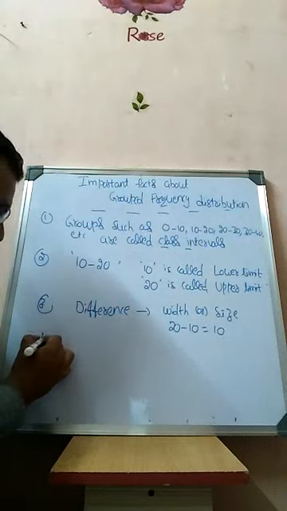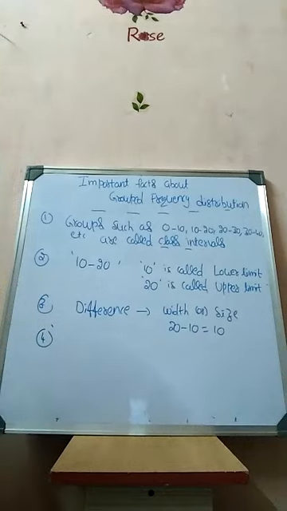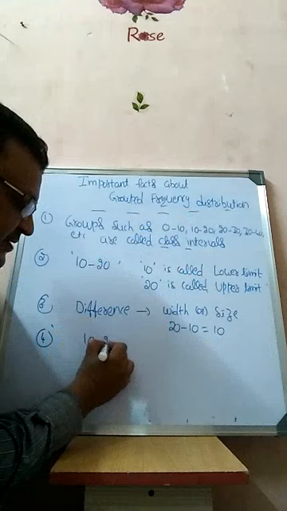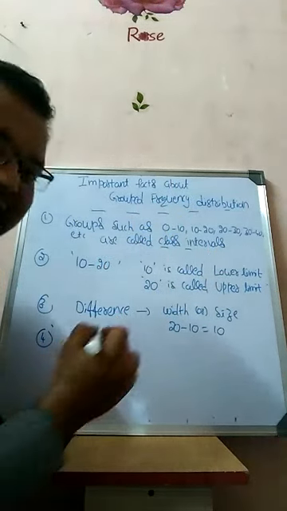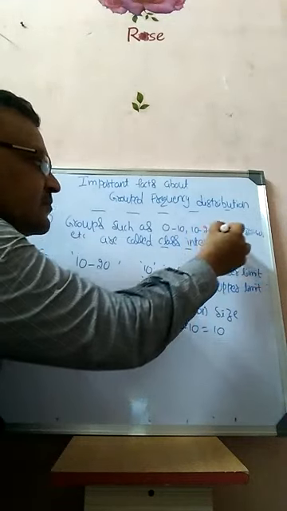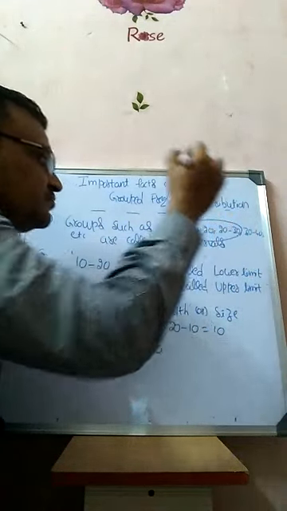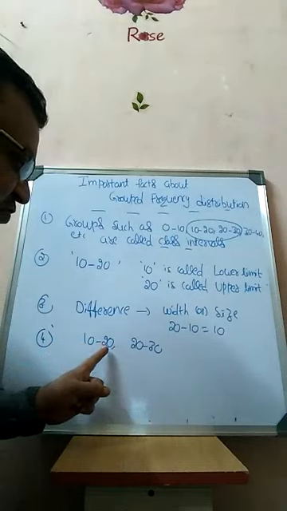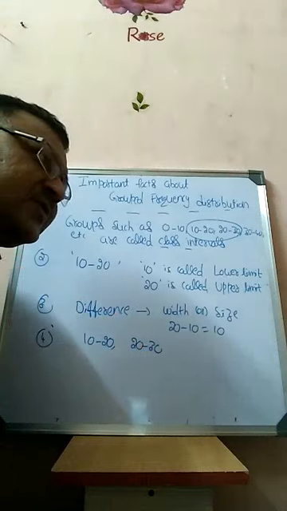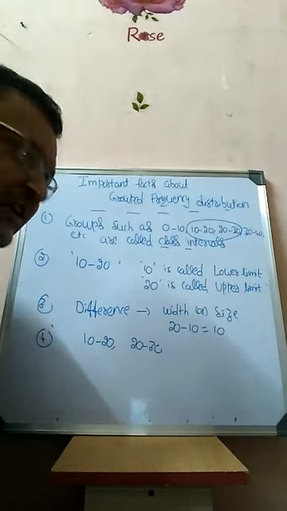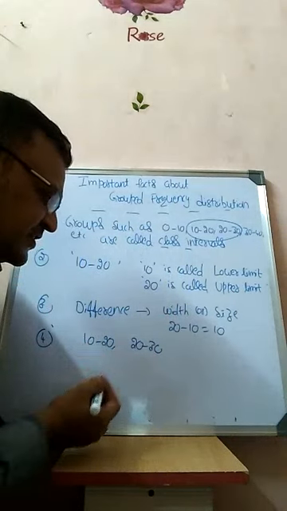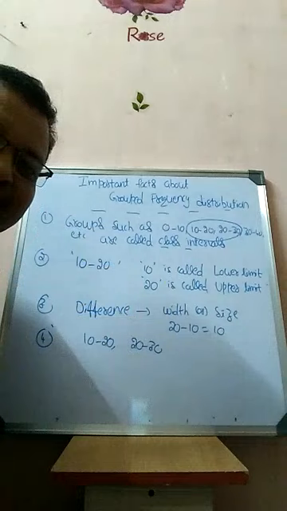And next, one more point. One class interval is 10 to 20 and another is 20 to 30. See here, in both groups 20 is there. If a student got 20 marks, which class will he belong to?